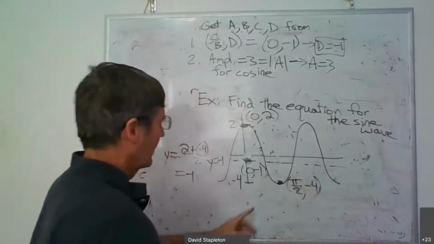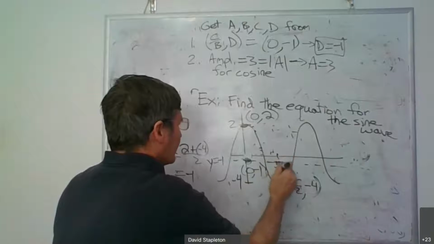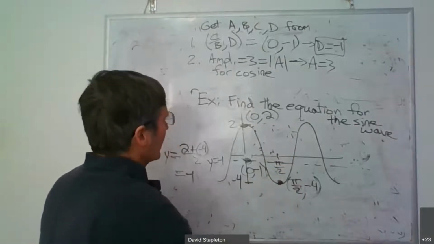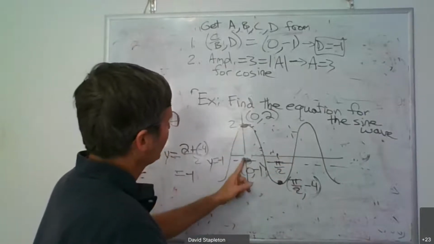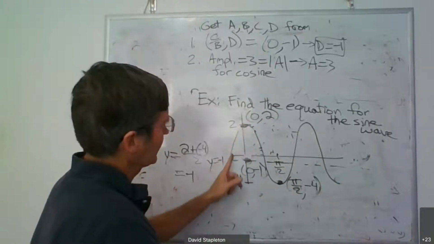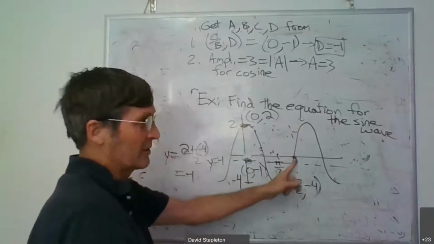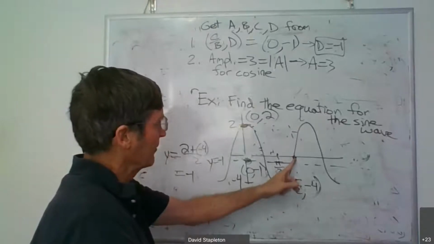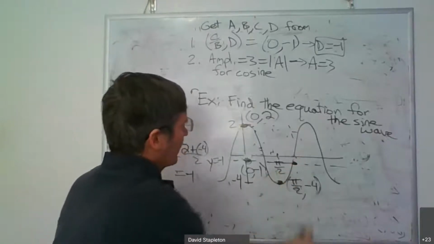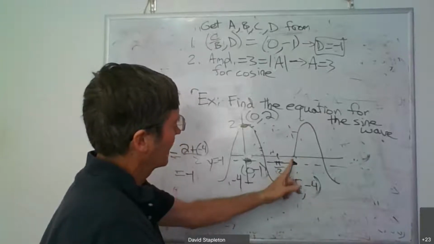Sorry about that. Yeah, so this one's marked on here at pi over 2 and -4. So if I'm going to start with the shift point at x equals 0, then I'll call this a cosine because that's the top of the graph. If I could get this one exactly and made this the shift point, then I could use a sine.